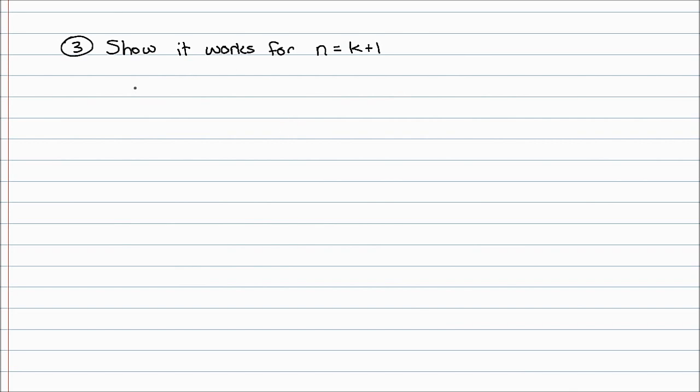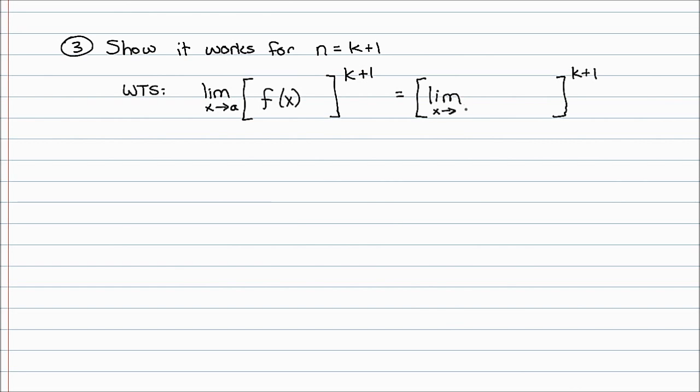So that is, we want to show, that's what WTS means, that the limit as x approaches a of the quantity of f of x raised to the k plus first is equal to the k plus first power of the limit. That's what we want to show. We haven't shown it yet, but that's where we want to go.